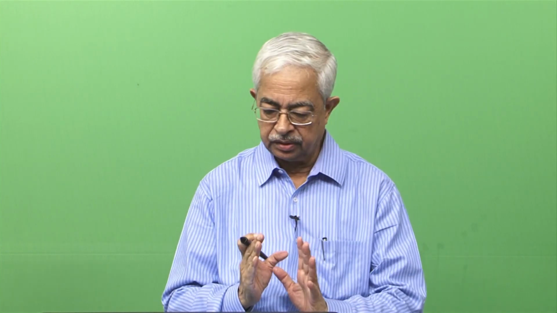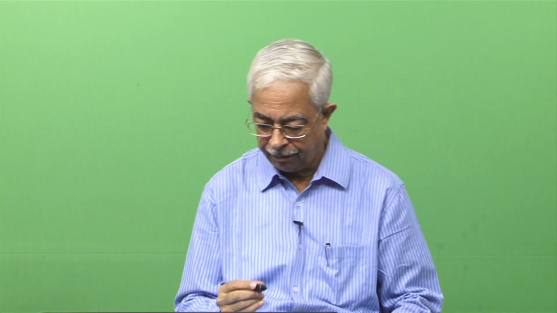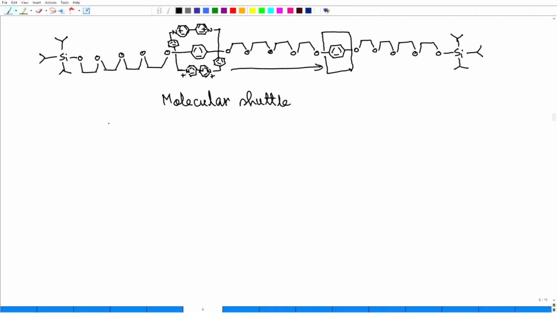Similarly, many molecular machines can be built with rotaxane. For some reason, suppose I have a polyrotaxane, like the one I gave you.